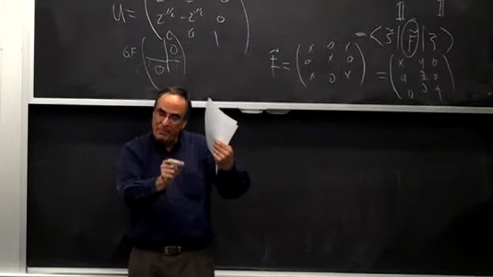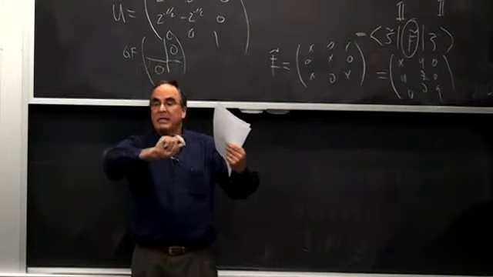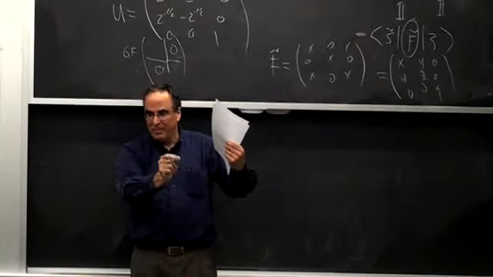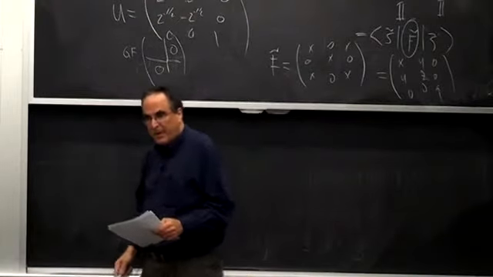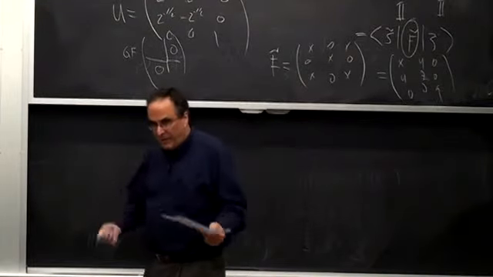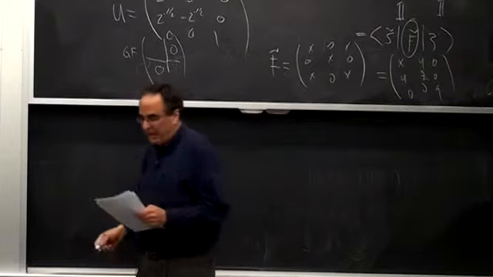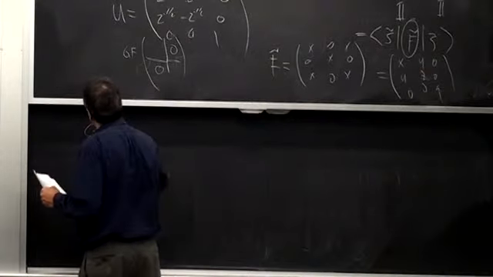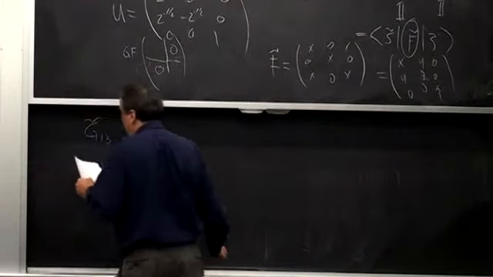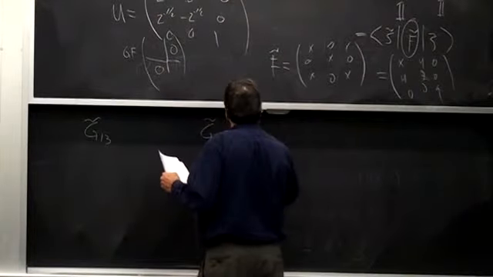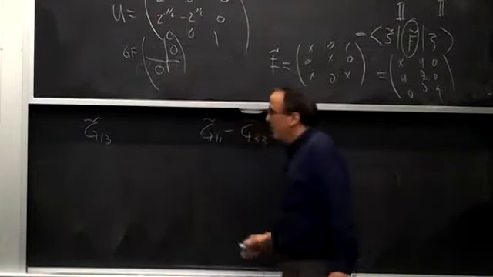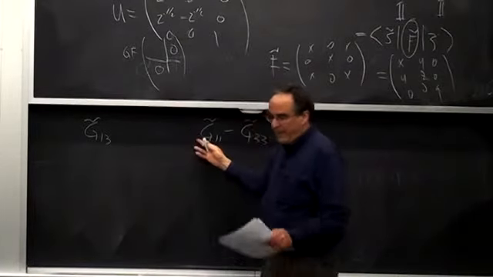And when that happens, the off-diagonal element has a negligible effect on the problem. And so one is always interested in making a comparison of the off-diagonal element to the difference in diagonal element. So in this case, we have G13 twiddle, and we have G11 twiddle minus G33 twiddle. And we'd like to compare them.